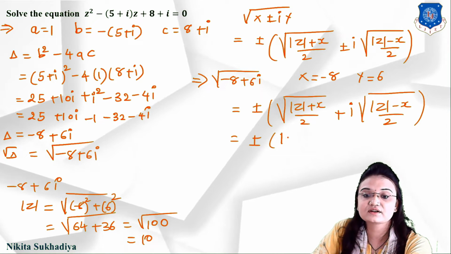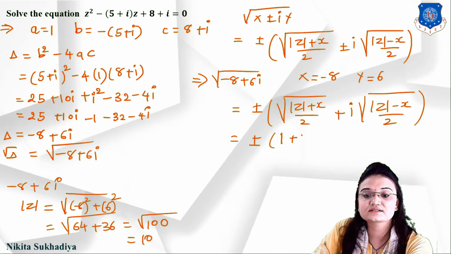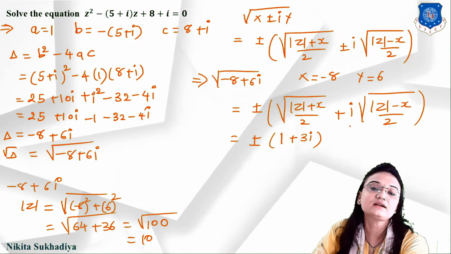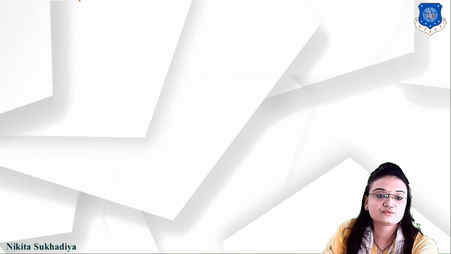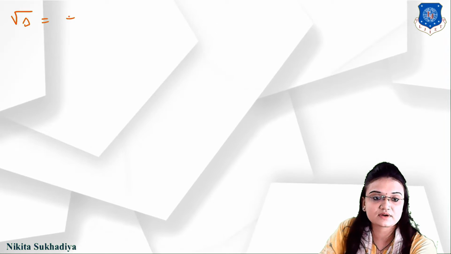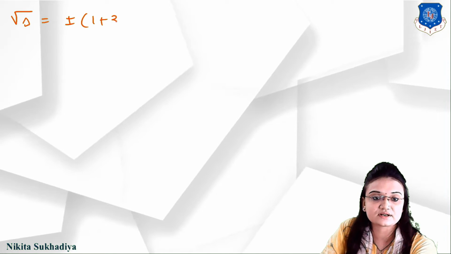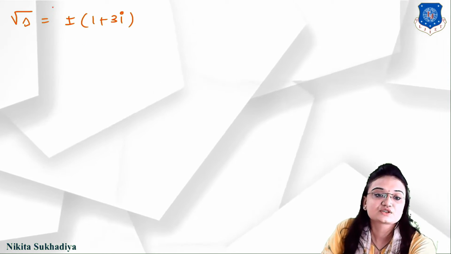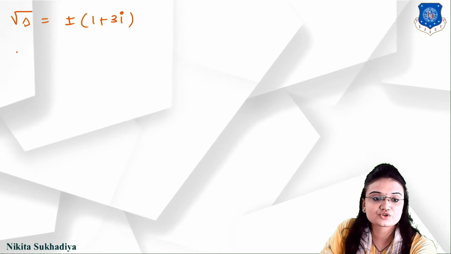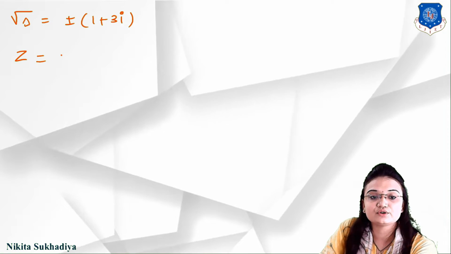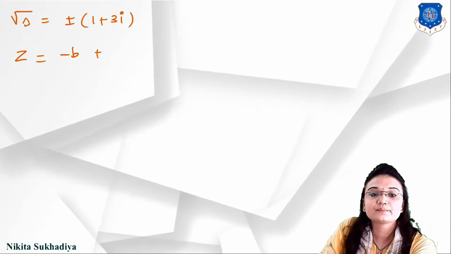So our answer is plus or minus (1 plus 3i). We have already found that the square root of delta is nothing but plus or minus (1 plus 3i).